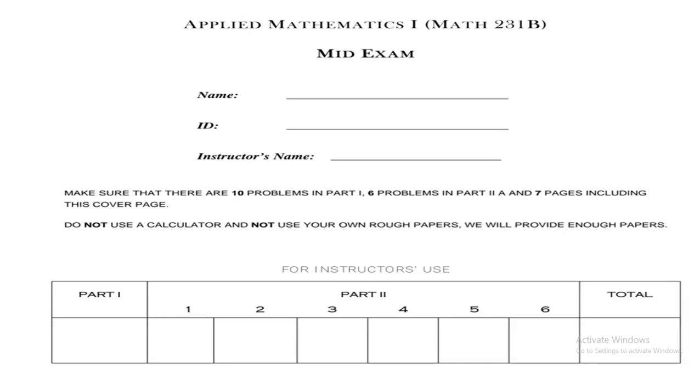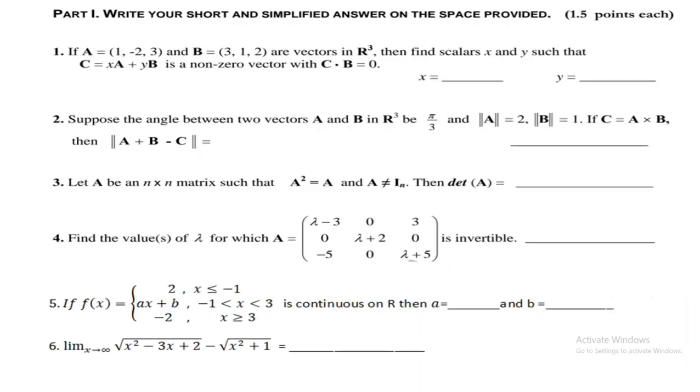So I'm now directly going to the solution of this mid exam. As you see, this mid exam has the following fill in the blank questions. As can be shown, there are 6 different kinds of fill in the blank parts, so you are expected to put your simplified and completed answer over here.